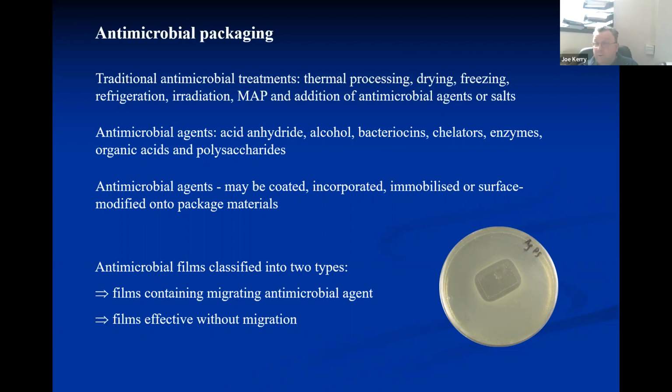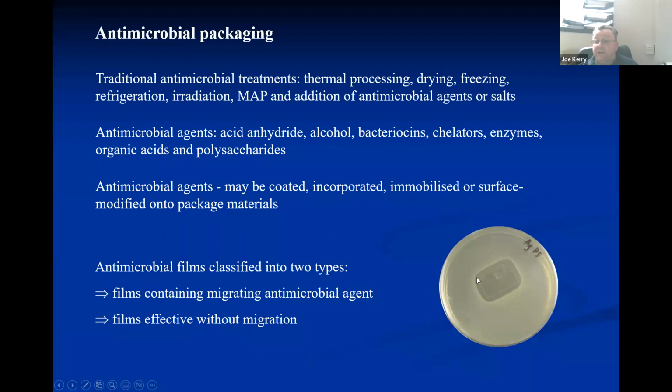Or if you're worried about that, you can have what we call immobilized systems, where you coat the packaging materials with these substances and the idea is that they don't migrate. The effect is a result of the packaging meeting the bacteria on the surface of the food and preventing the microorganisms from growing.